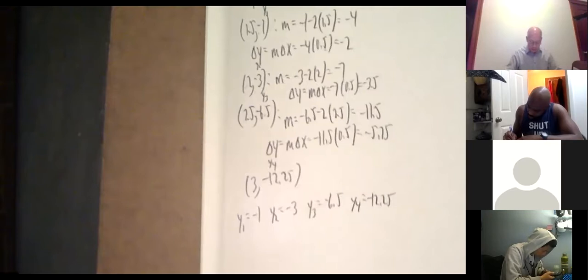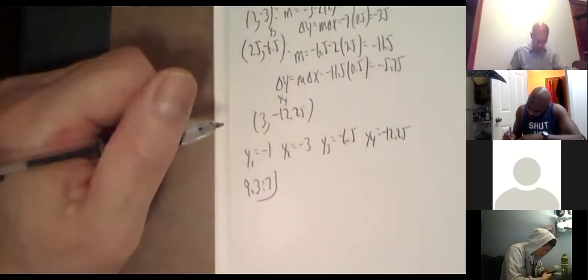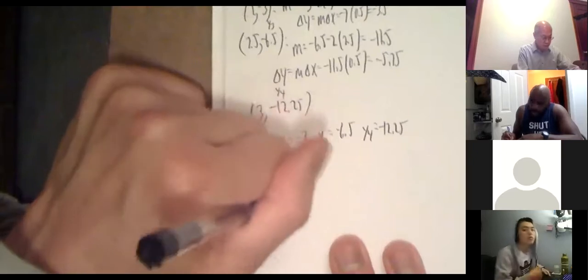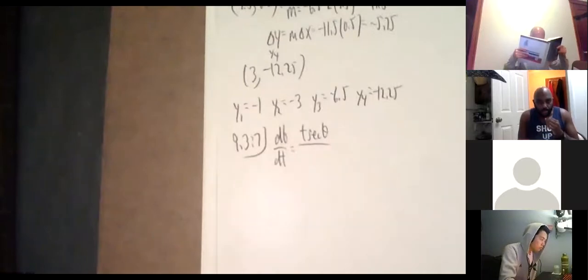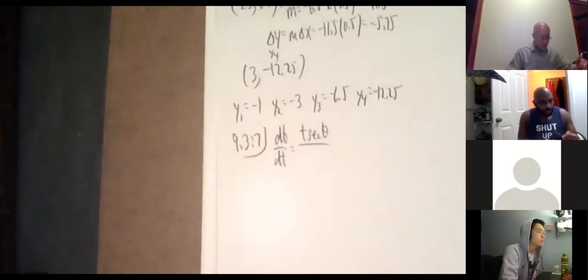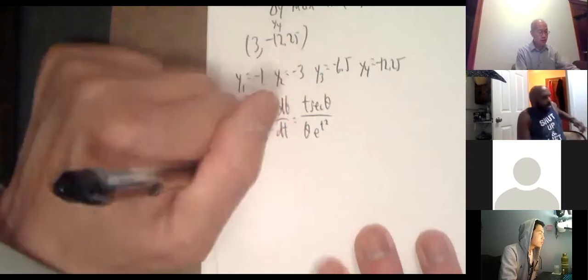Okay, 9.3, number 7. d theta dt equals t secant theta over theta e to the t squared. Okay, so put all the thetas here.